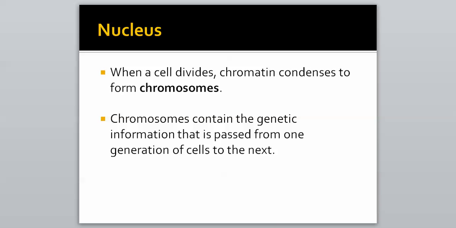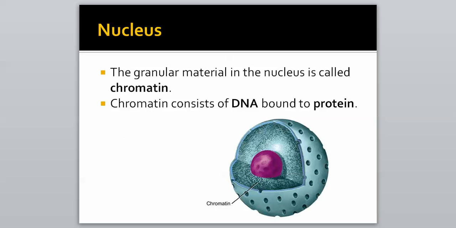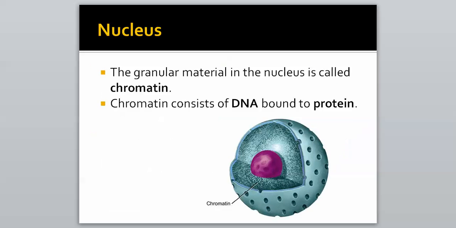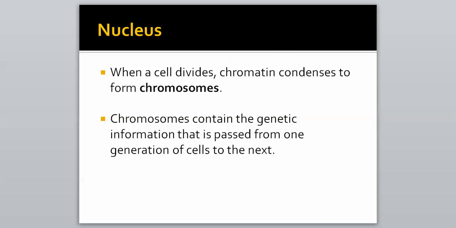The chromatin is going to turn into chromosomes when the cell is ready to divide. If you remember, the chromosomes contain the genetic information that is passed from one generation of cells to the next. So we've already talked about four different things just in the nucleus: chromatin, the nuclear envelope, nuclear pores, and chromosomes. We'll try to keep all this straight. That's why we're going to take it one thing at a time.